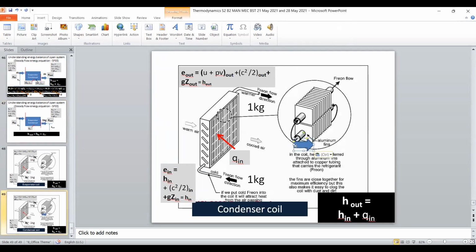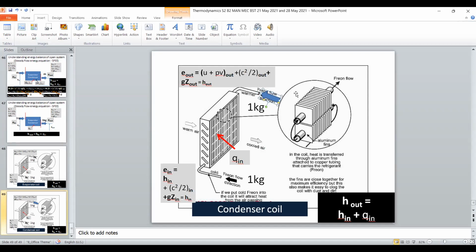Why is the condenser coil fed in from the top and out from the bottom?